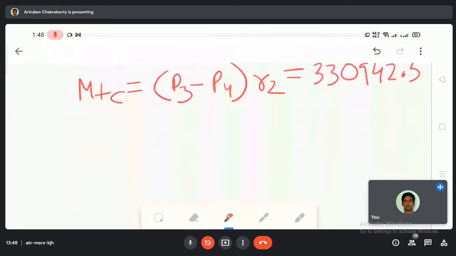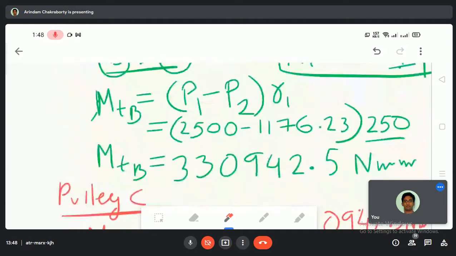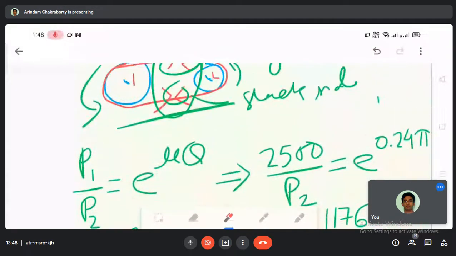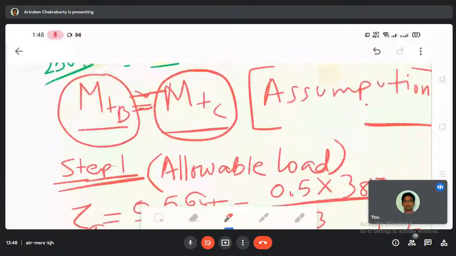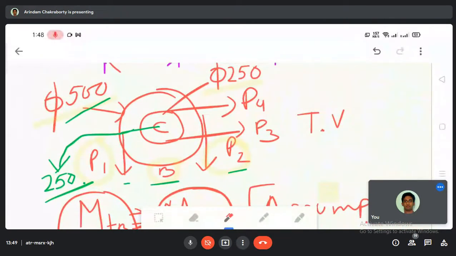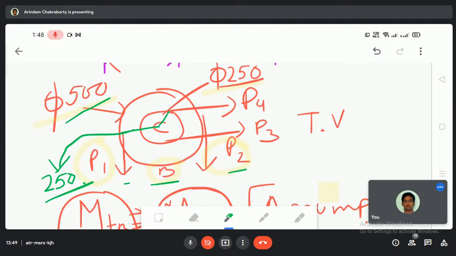Now we know R2 to be 125. How do I know that it's 125? Let me show you. As we know this is 250, that means if the diameter is 250, the radius will be nothing but your 125. Fine.